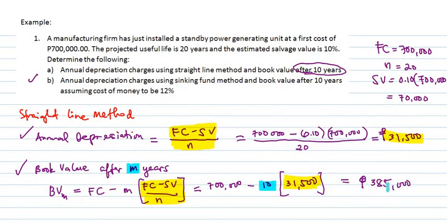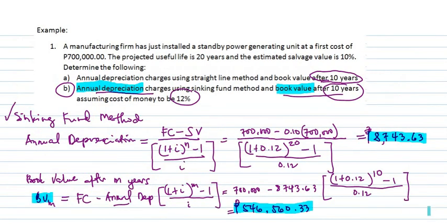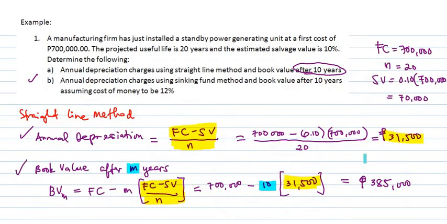In the book value, that is 385,000 for straight line, and 546,560 for the sinking fund method. So we are done with our example using the straight line method.